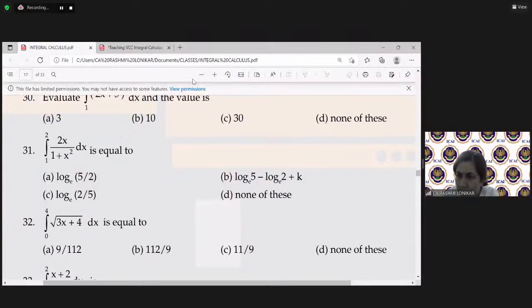Okay, like in this sum, here you can see that 1 plus x square, first you will be using the method of substitution, and then after you've solved it, you will be putting in the values and using definite integrals. Okay.